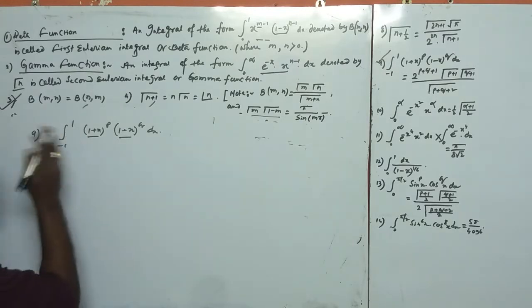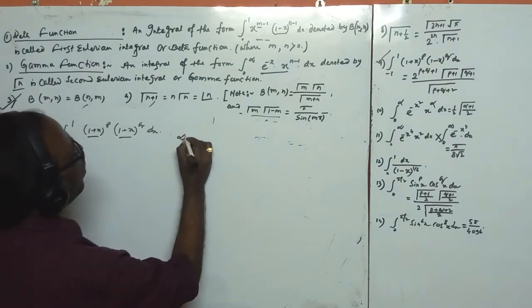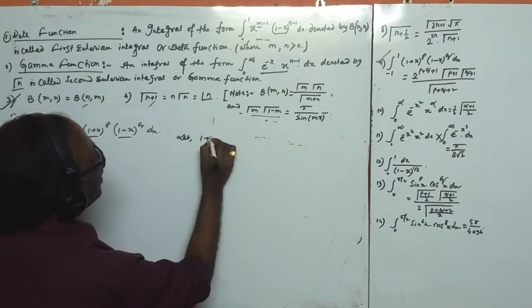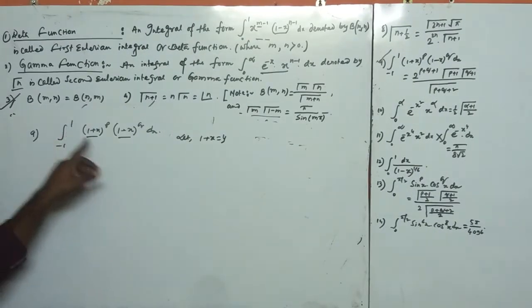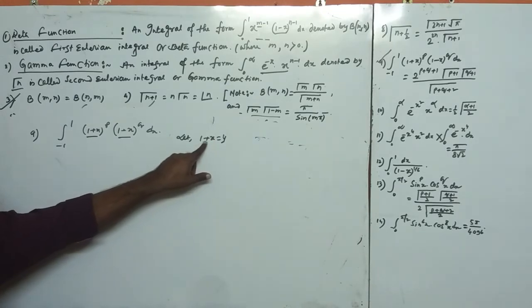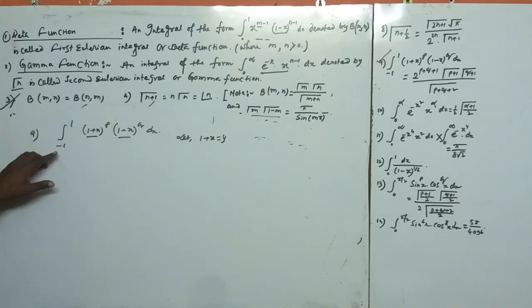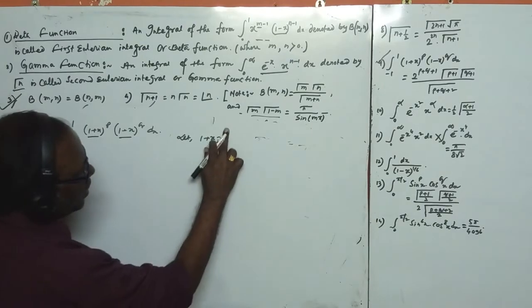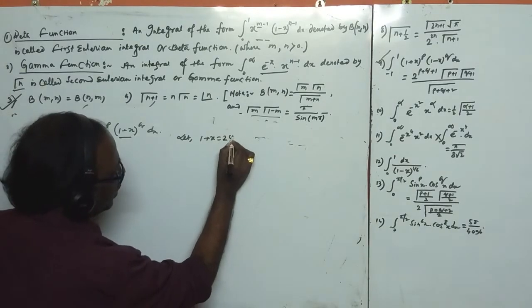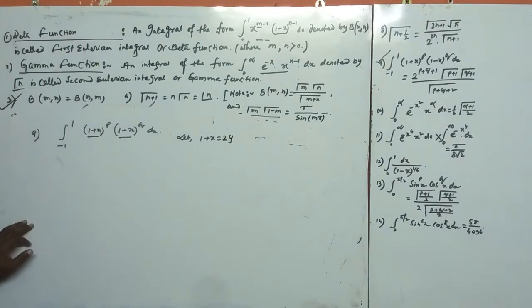So right now, let us assume 1 plus x is equal to y. If we put 1, then y is 2, but the upper limit should be from 0 to 1, so this is not possible. That is why we assume 1 plus x is equal to 2y, not y.